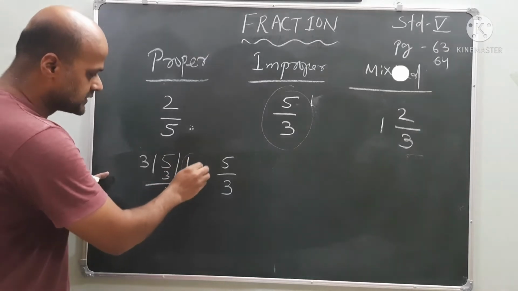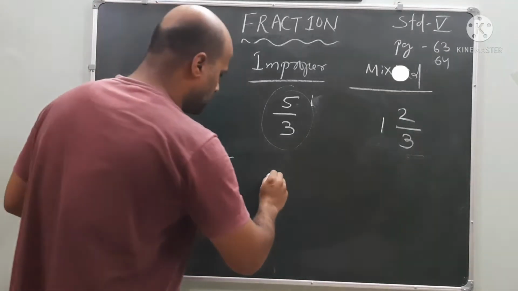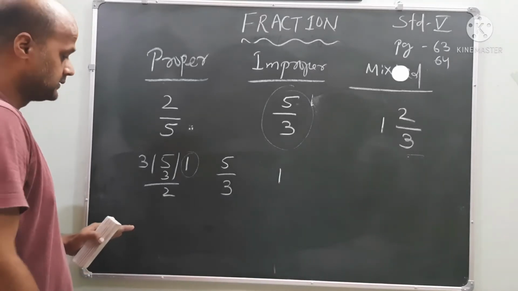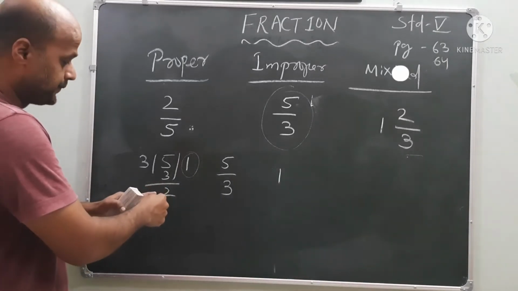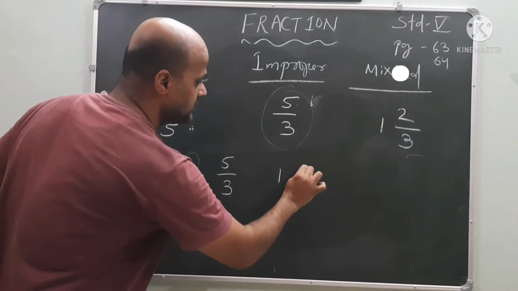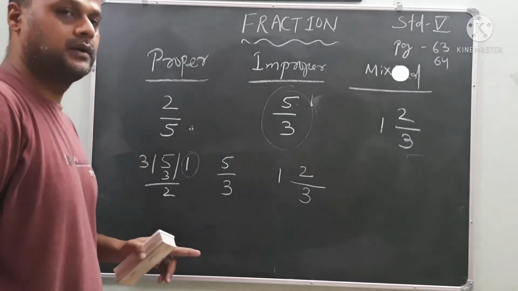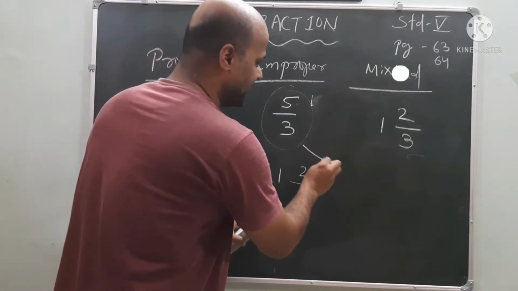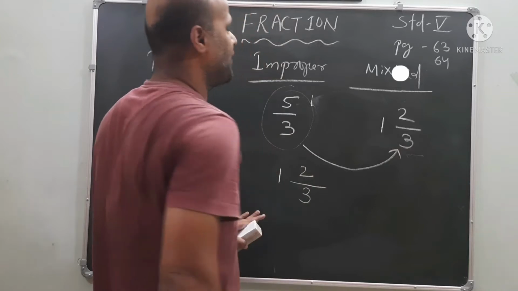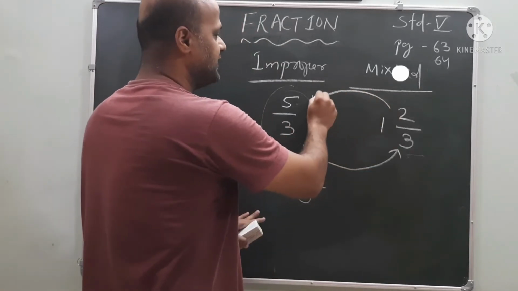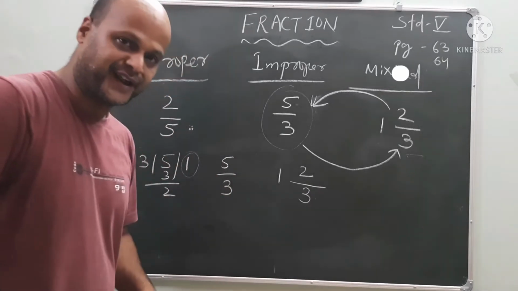So whatever first it is divided, you have to write that whole number first. Next, the denominator will be as it is and the remainder will be the numerator. See, improper can turn into mixed, mixed can turn into improper.